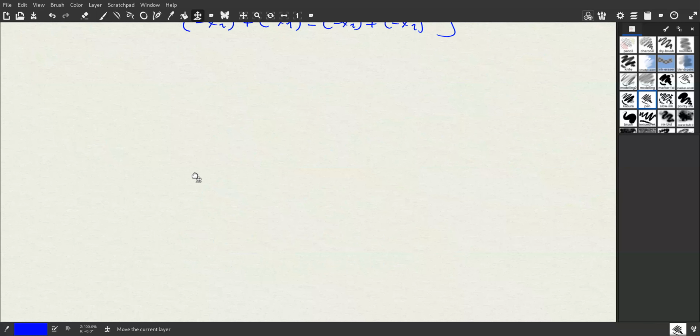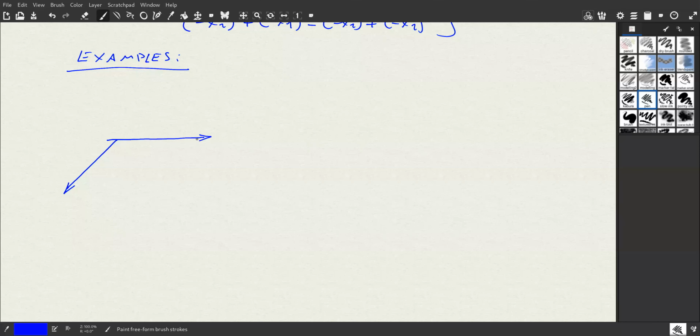Now, examples of linear vector spaces. The first example is indeed our three-dimensional, let's say, Euclidean space. We will be using this example because it is algebraic analytical geometry.